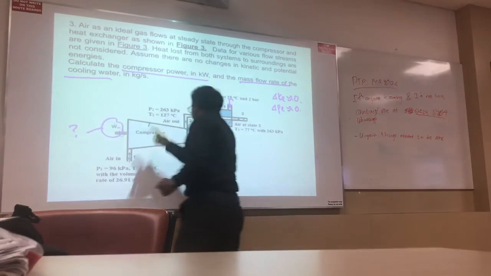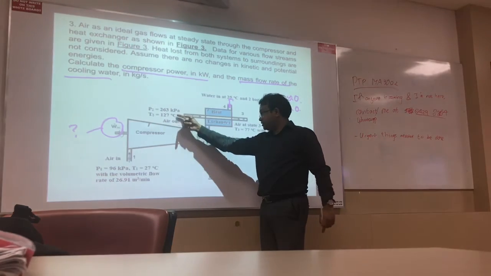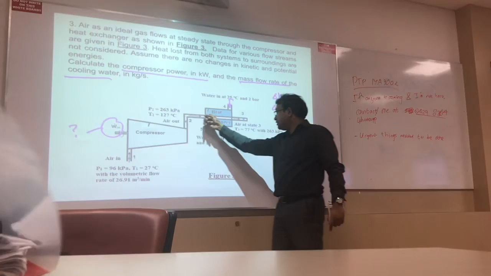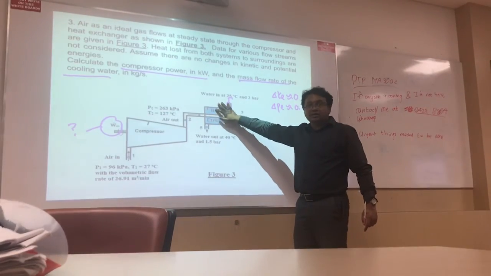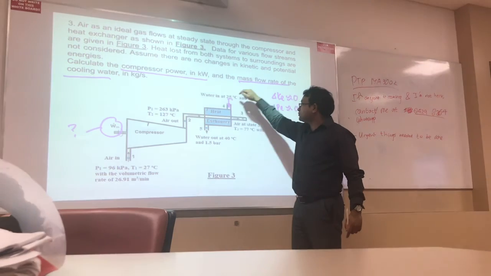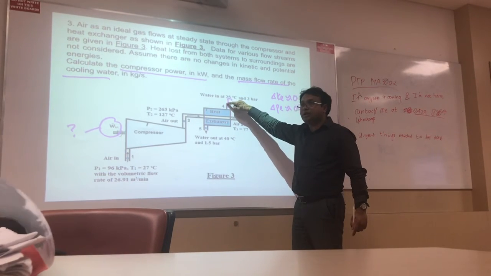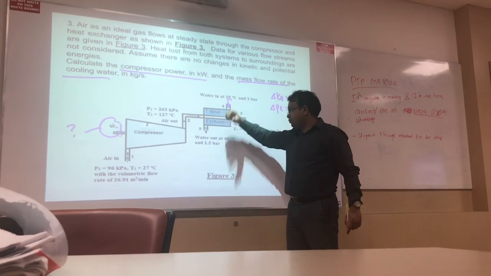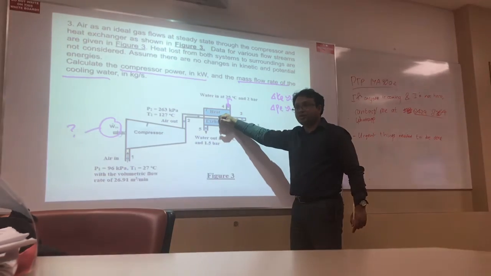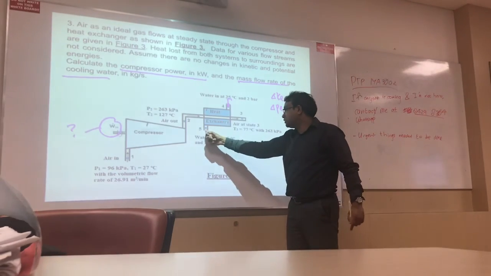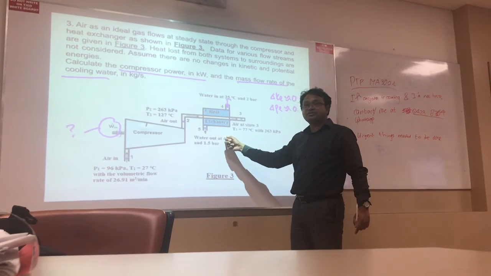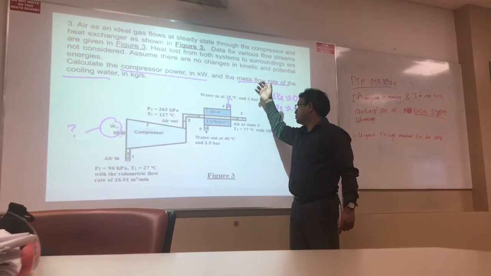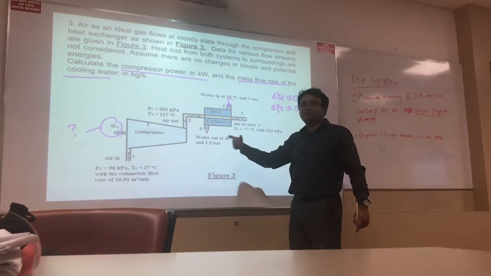Later, the high pressure and high temperature air enters the heat exchanger. In the heat exchanger, we supply water, right? Water absorbs that amount of heat, and the water outlet temperature increases from 25 to 40 degrees Celsius, and the pressure of water drops from 2 bar to 1.5 bar.